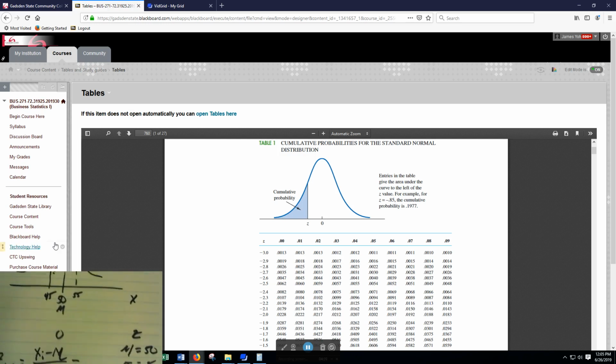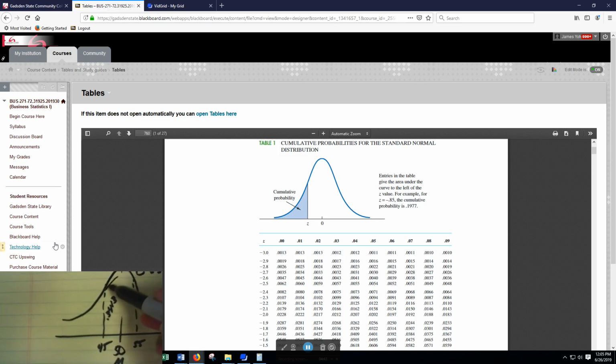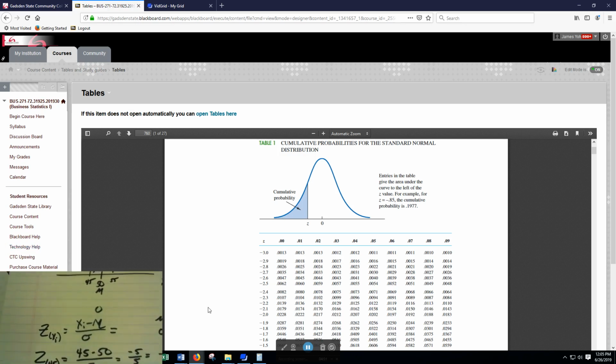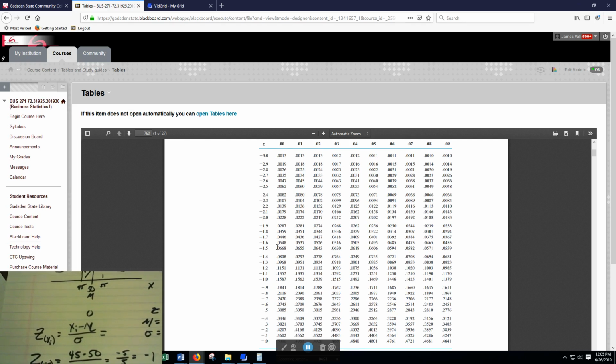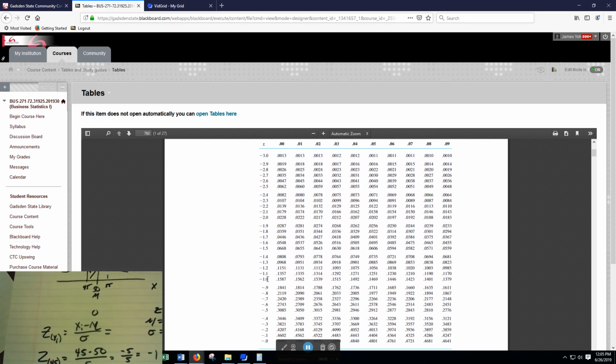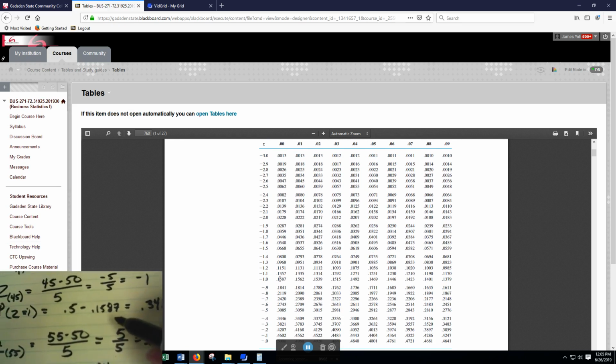Now we don't want the probability to the left of 45. We want the probability to the right of 45, between it and the mean. That's what we're going to calculate here. So I go down here to find a z of negative 1.00, and that is 0.1587.